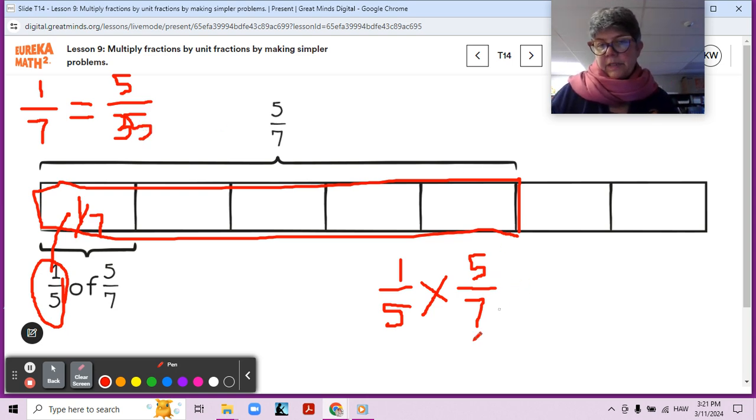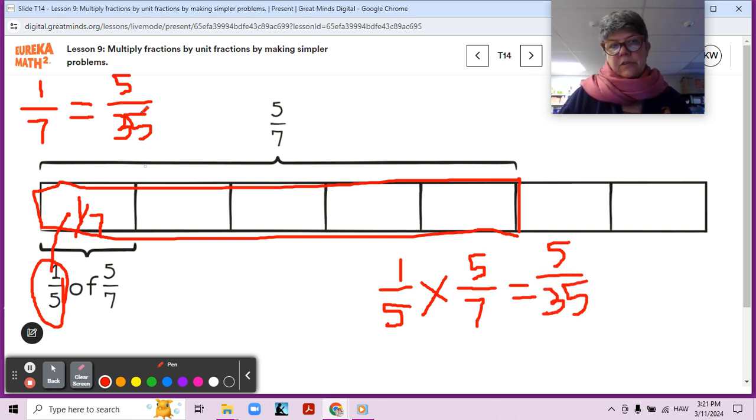Because last time we said, okay, 1/5 times 1/7 is 1/35, times 5 is 5/35, which you could also get by multiplying straight across, right? Are these two equivalent to each other? Yes, because if we divide them both by 5, 5 divided by 5 is 1. 35 divided by 5 is 7.